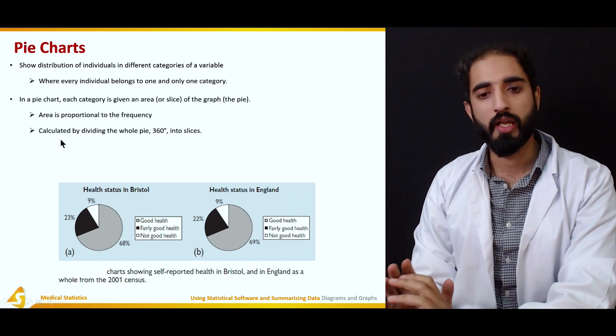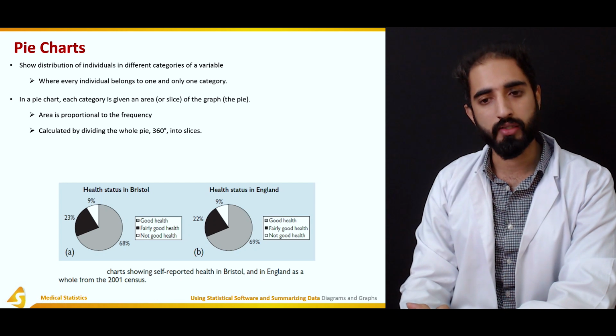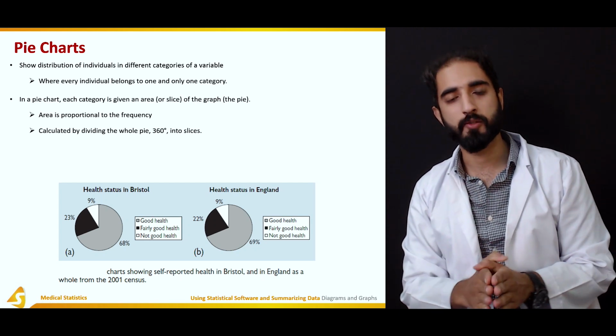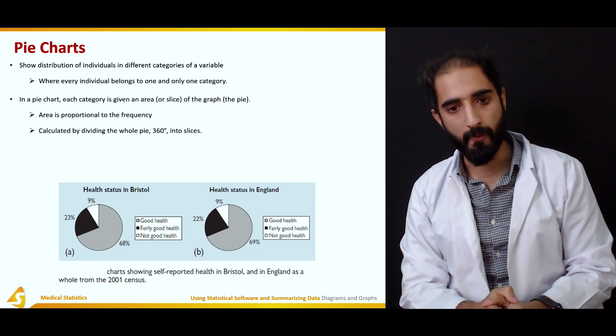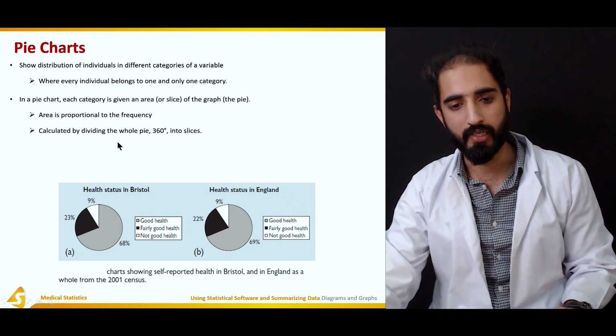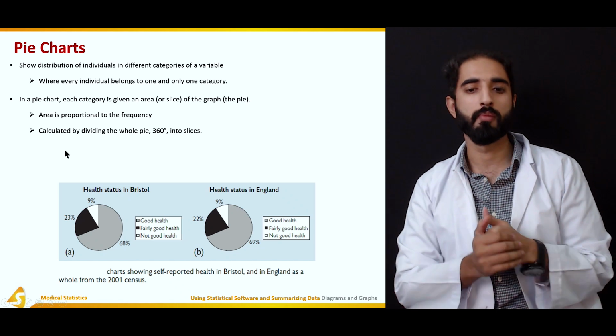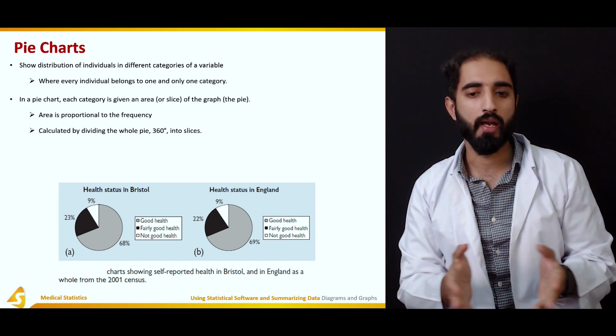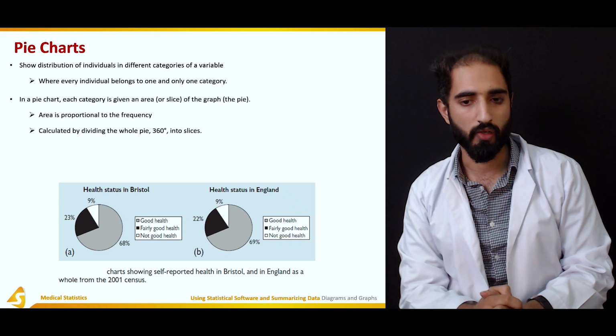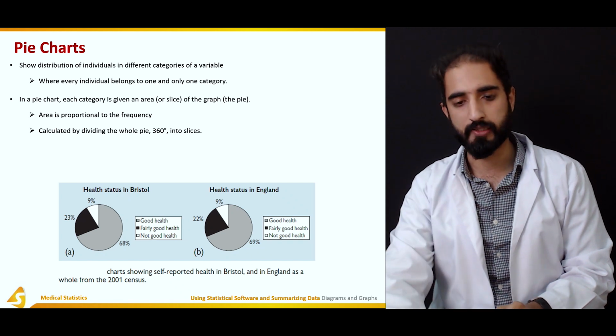In a pie chart, each category is given an area or slice of the graph, and area is proportional to the frequency. The greater the frequency, the greater would be the area of the slice. And it is calculated by dividing the whole pie, taking 360 degrees as the whole, into smaller slices.